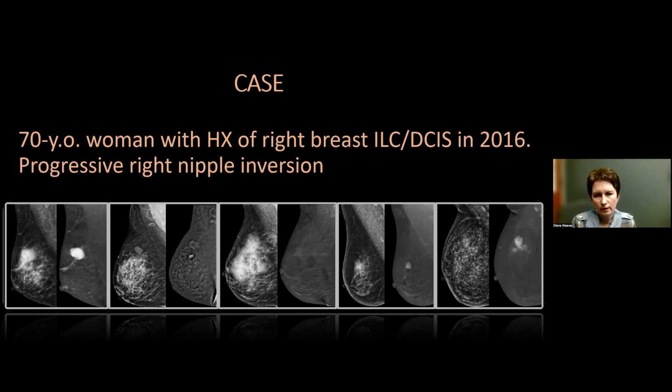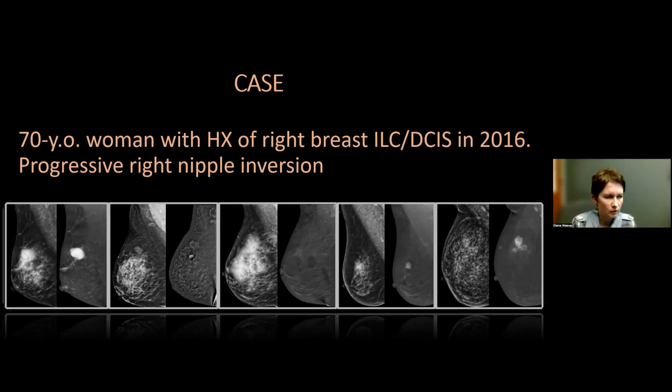So this case actually demonstrates the potential usefulness of CEM in women with a personal history of breast cancer, and in my personal opinion, might be one of the most useful applications of this modality because of the difficulties that we experience with mammography in this patient population, especially if patients have dense breasts and they're younger and they have scars of prior segmental mastectomies. So this is potentially a very useful modality for that application.